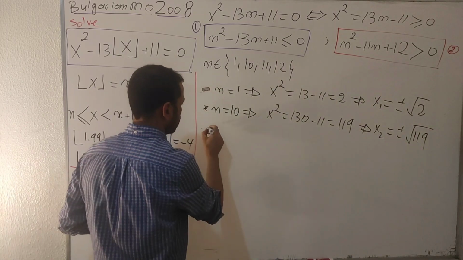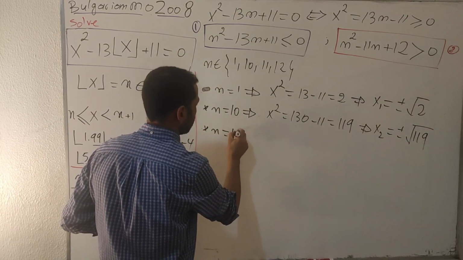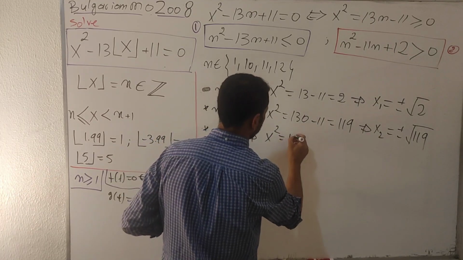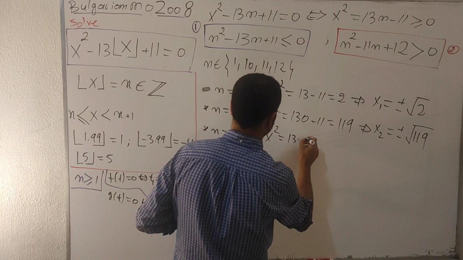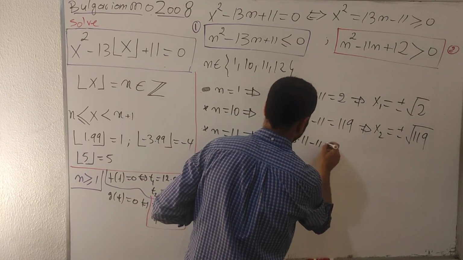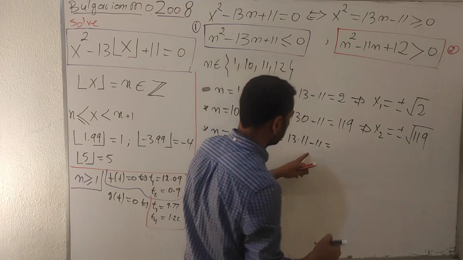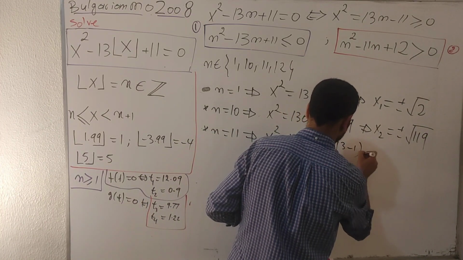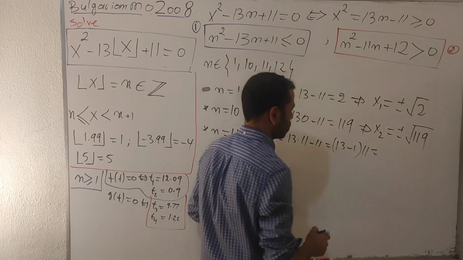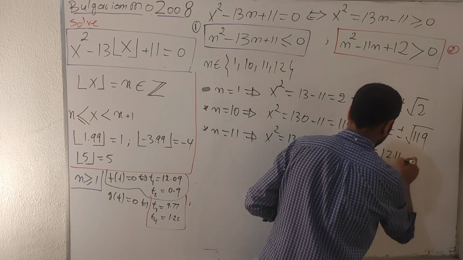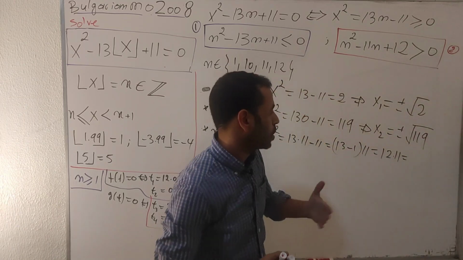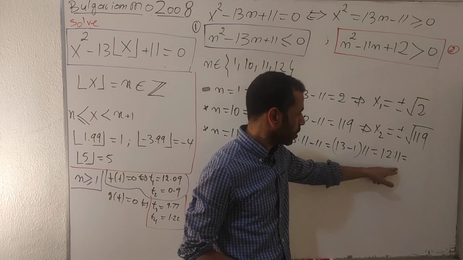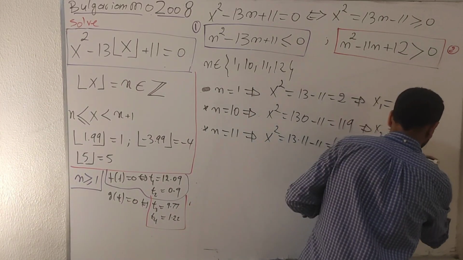Okay. For n equals 11, I get x squared equals 13 multiplied by 11 minus 11. So I'm going to use a trick. I'm going to take 11 as a common factor here. I get 13 minus 1, multiplied by 11. 13 minus 1 is 12. 12 multiplied by 11: we know 11 multiplied by 11 is 121, and since we have 12 here, we add another 11, which is 132.